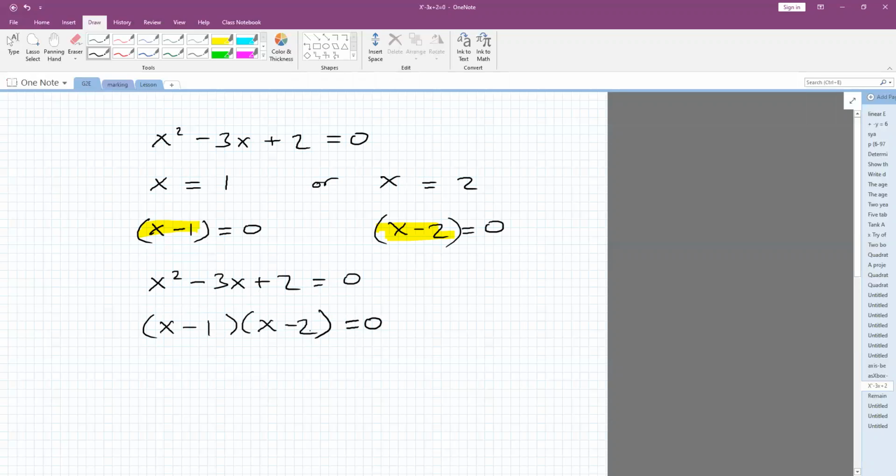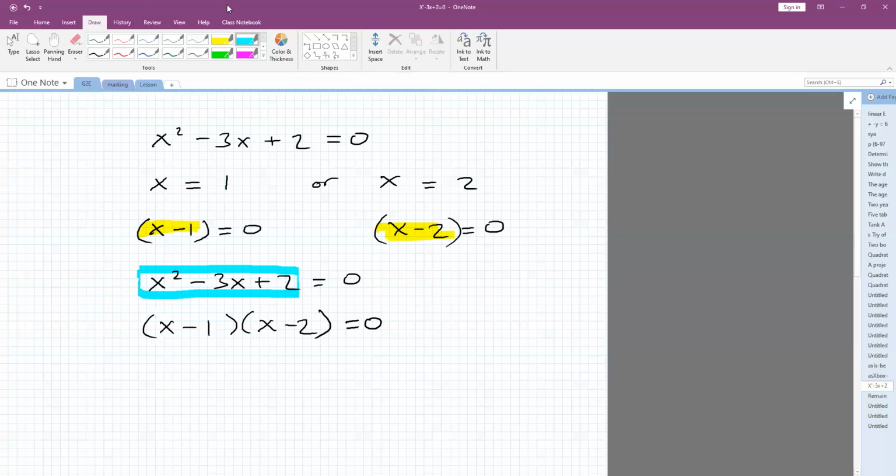This is actually quite important because when you are finding the solution or the roots, you don't need to use the quadratic formula all the time, because sometimes when the numbers are good like this one, we can simply factorize this quadratic term.